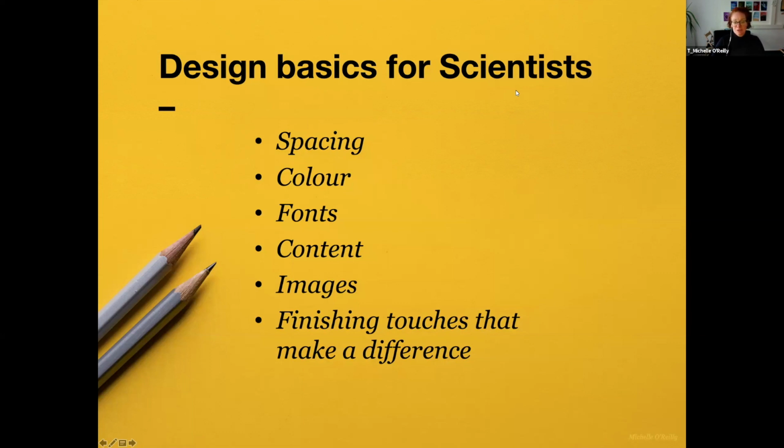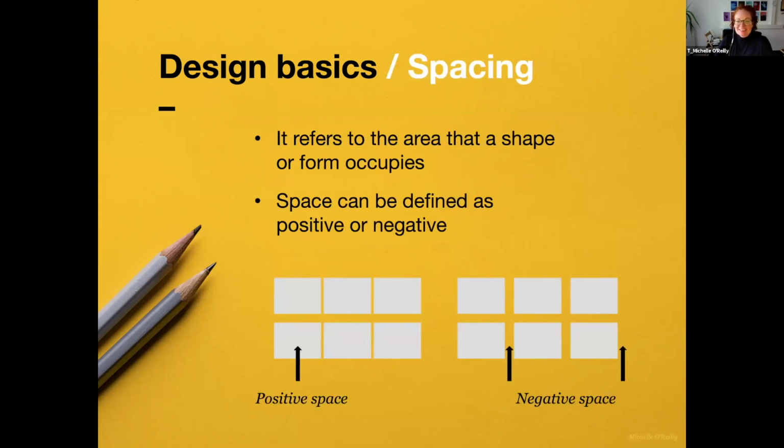We're going to be looking at imagery, and then just some small things that can sort of finish off your posters or your presentations, things like that. So the first thing we're going to check out is spacing.